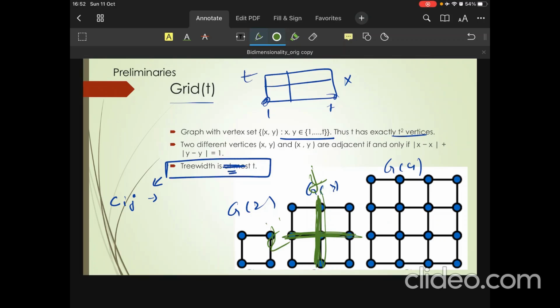It says that the set of crosses forms a bramble. Bramble is out of our scope for now. So we just take it as a black box that tree width of grid T is equal to T.